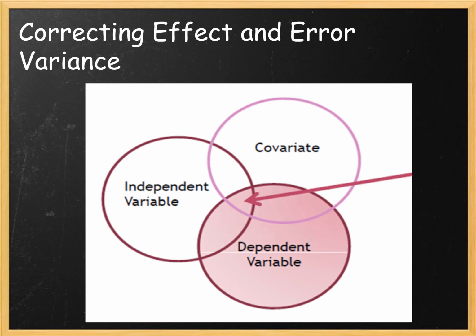And then here we have a situation where the covariate overlaps with the IV and the DV. Now, ideally, the covariate overlaps with only the DV and not the IV. But in reality, it's likely to have some overlap with both. So here, it's correcting for both the effect variance, so the IV-DV relationship, and the error variance.